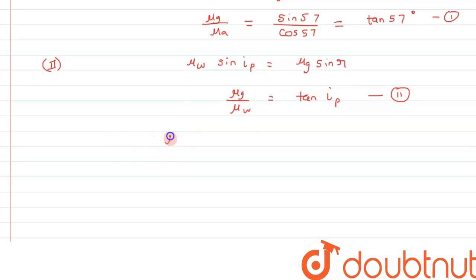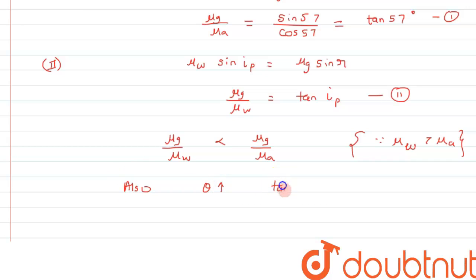Also we know mu g by mu w will be less than mu g by mu a, since mu w is greater than mu a, therefore this ratio will be smaller than this ratio. Also if theta is increased, the tan theta value is also increased.